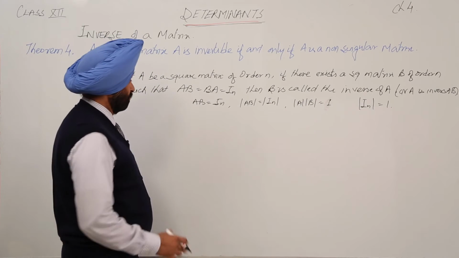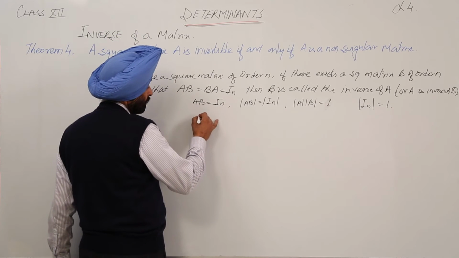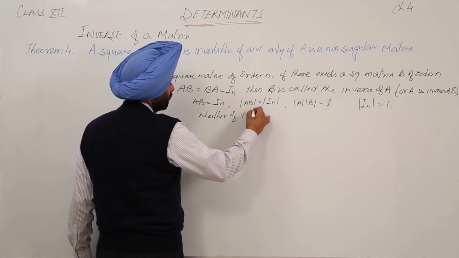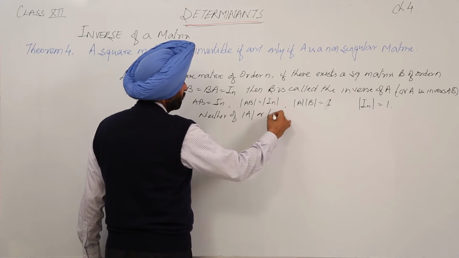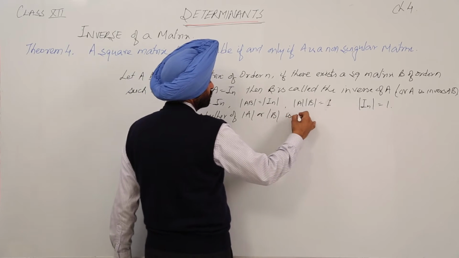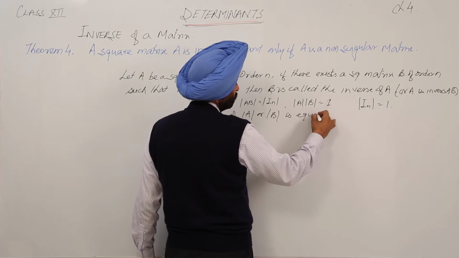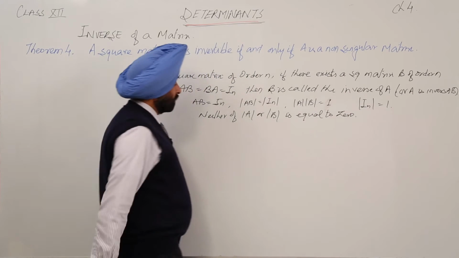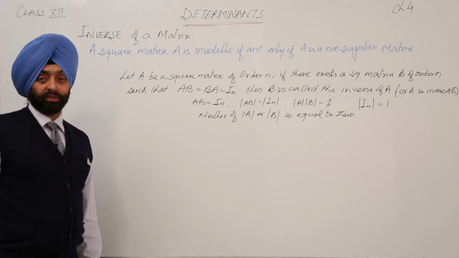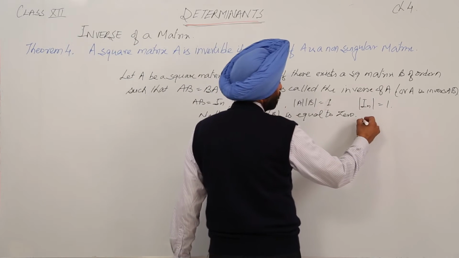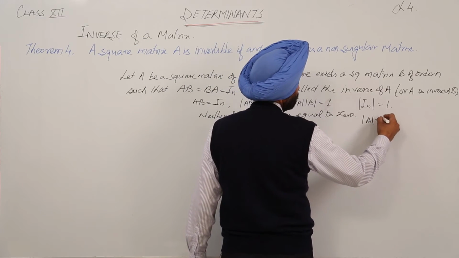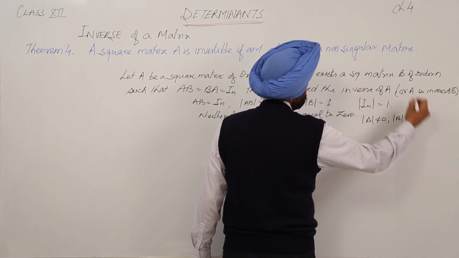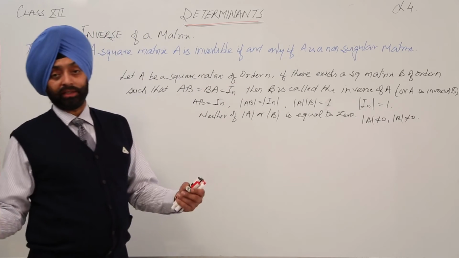Now this shows that neither determinant A nor determinant B is equal to 0. So we can write that determinant A is not equal to 0 and determinant B is not equal to 0, because we got it as 1.